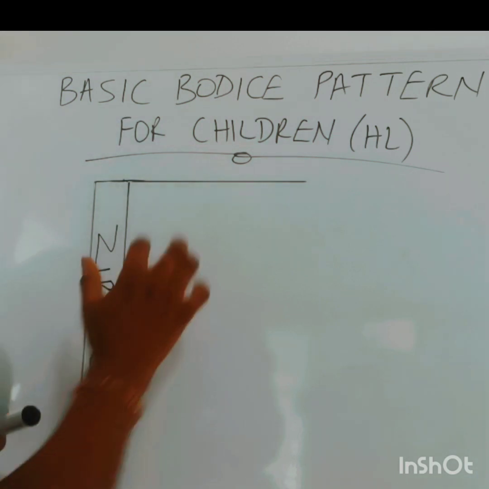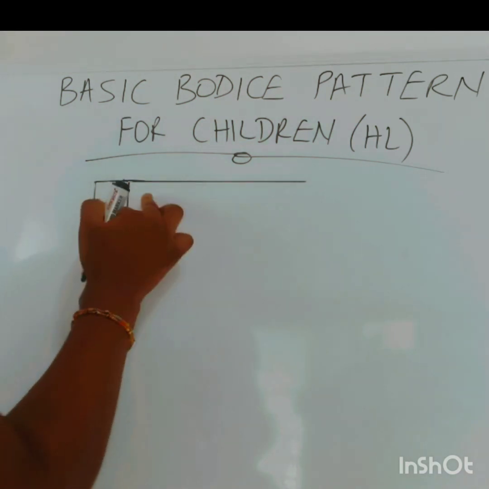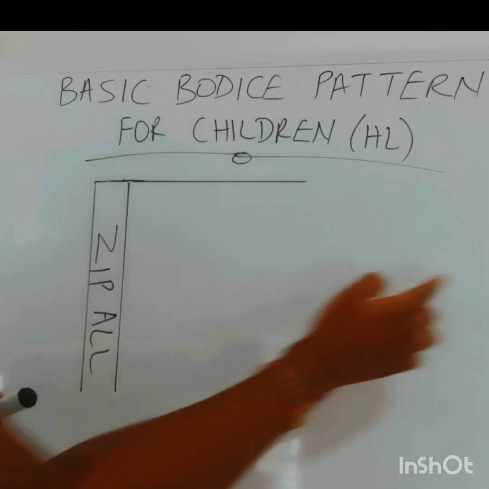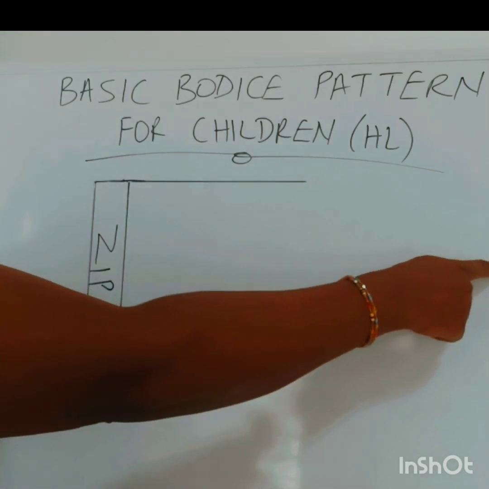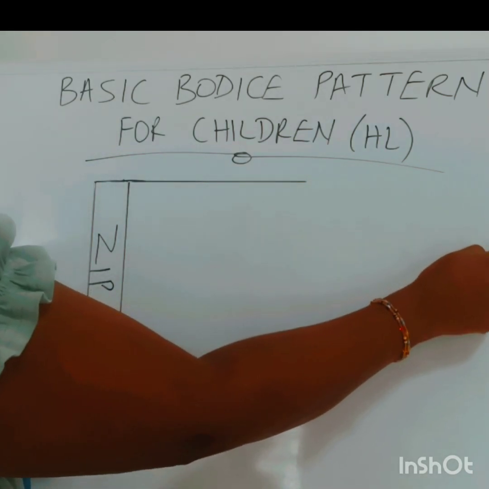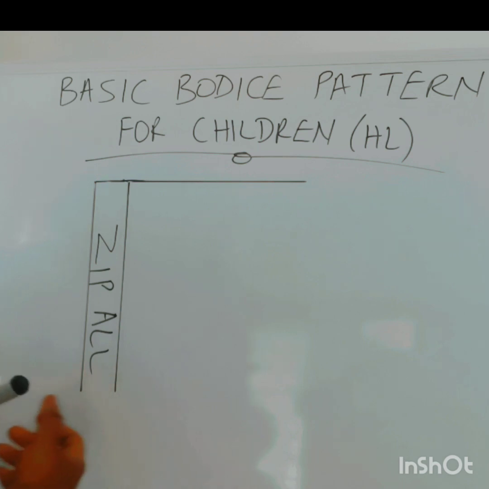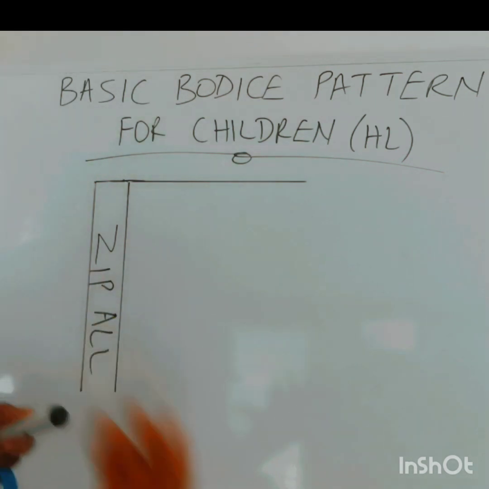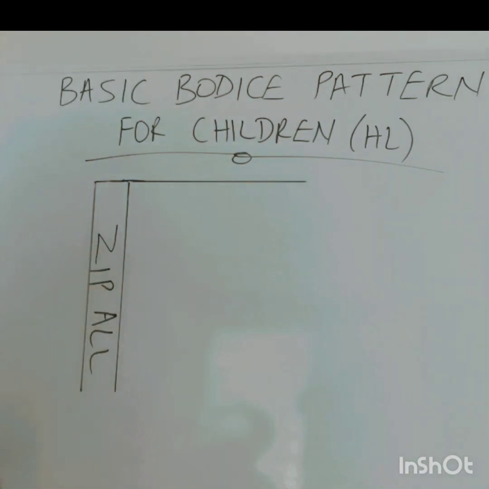Now to know the amount of fabric to put on fold for the front pattern, you simply divide the chest measurement by 4 and then add 2 inches to that, because you don't need so much allowance.